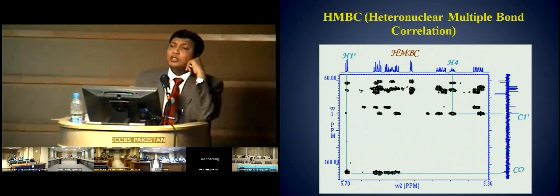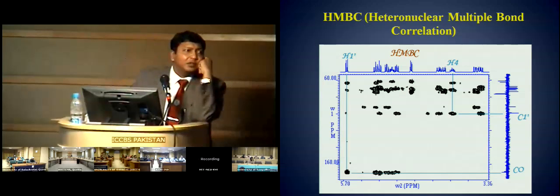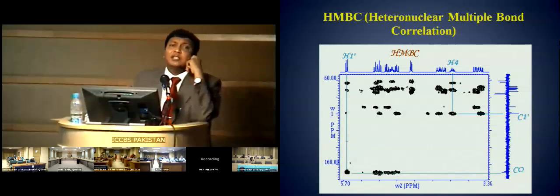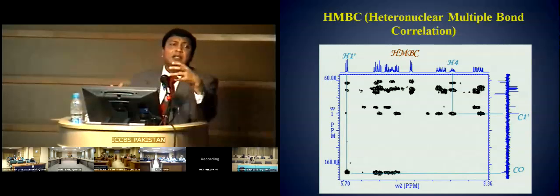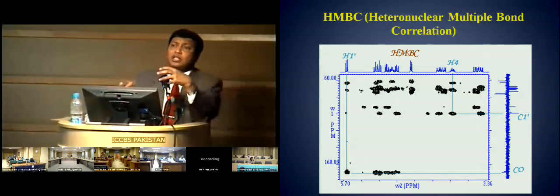HMBC is a technique through which you can look into the coupling between two different spin systems. And therefore, this is a technique through which you can cement, you can put these different fragments together.